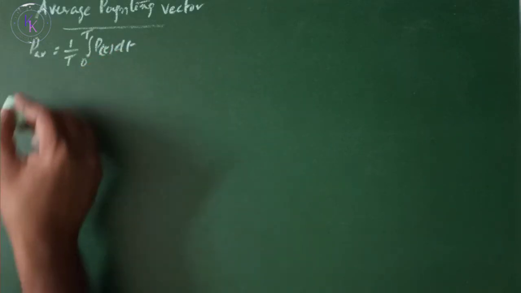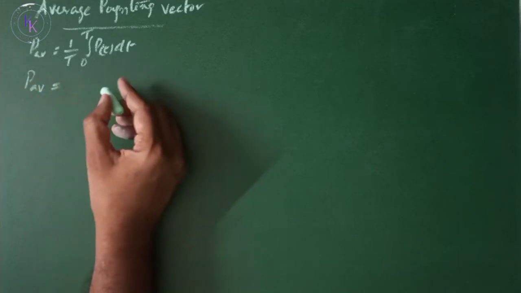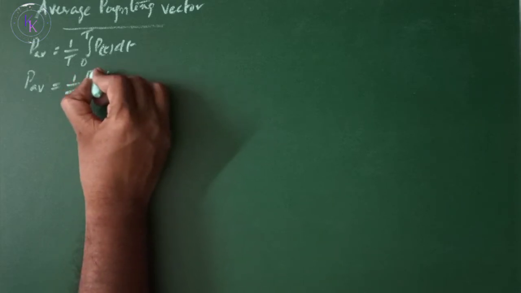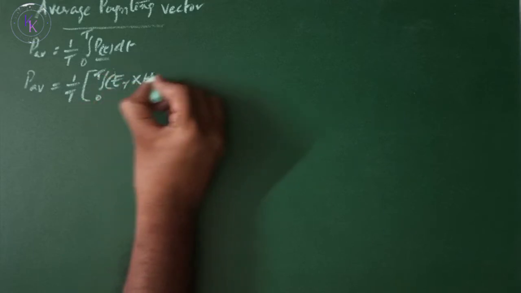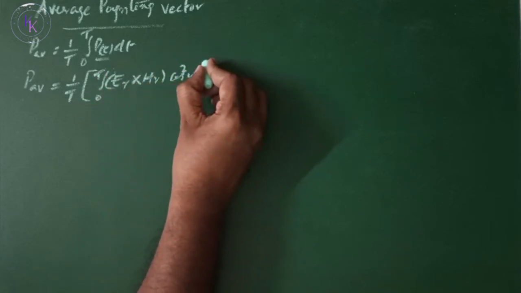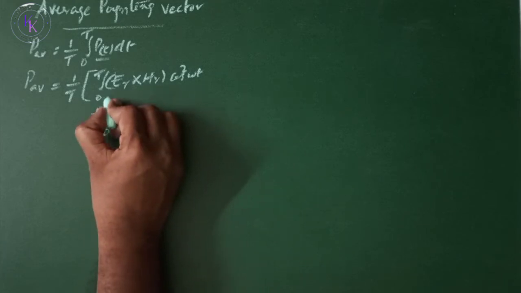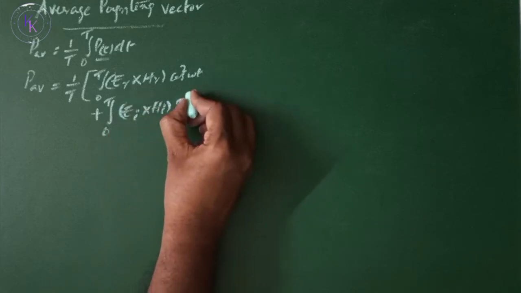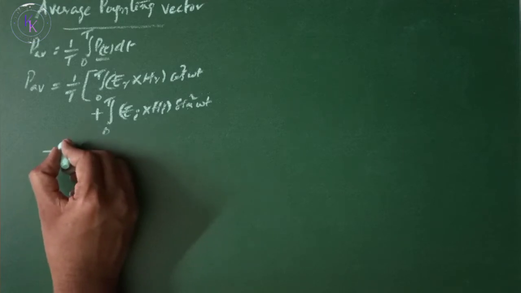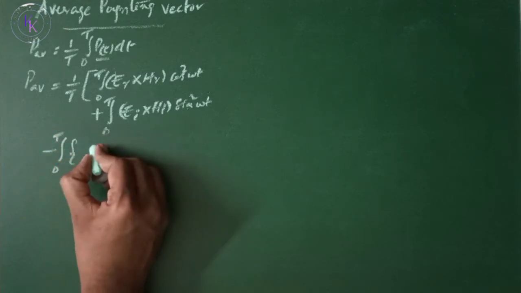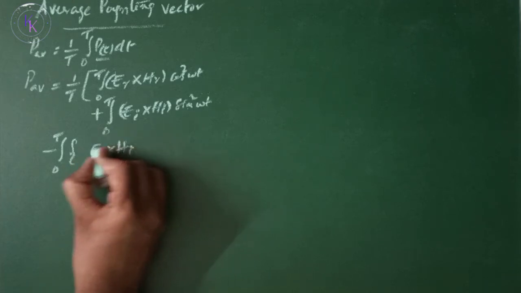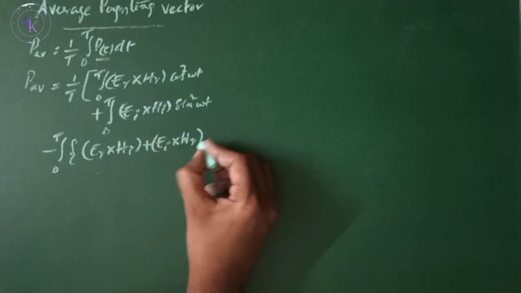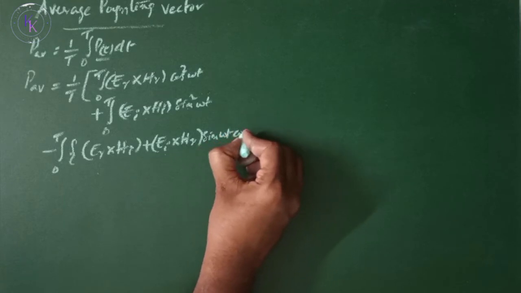Similarly, for the Poynting vector, it is 1 by T of the integral 0 to T of Er cross Hr cos square omega t, plus the integral 0 to T of Ei cross Hi sin square omega t, minus the integral 0 to T of (Er cross Hi plus Ei cross Hr) sin omega t cos omega t.